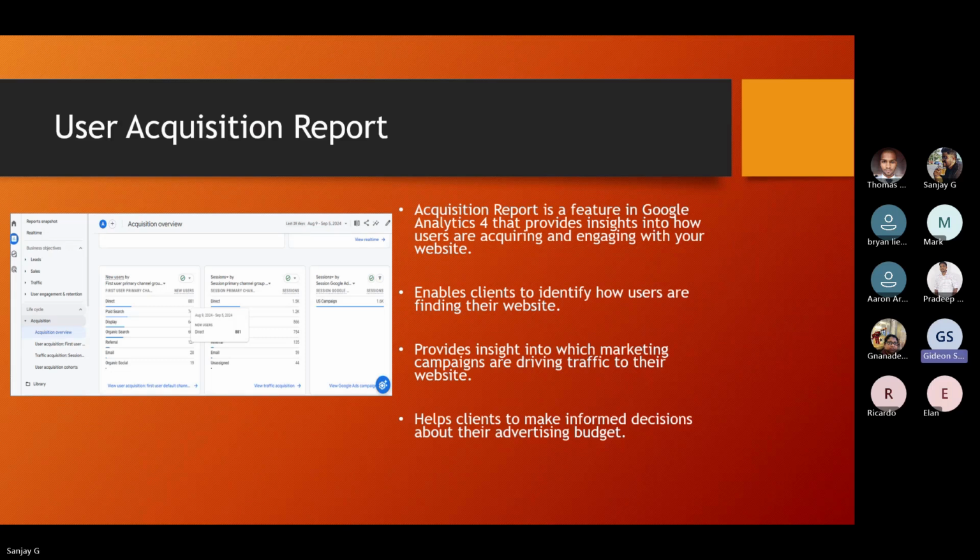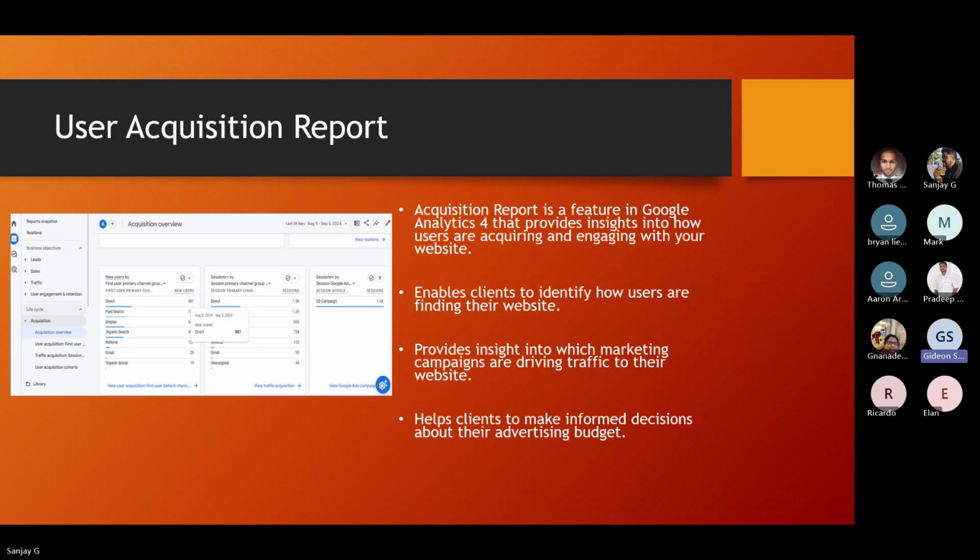All right. So here the reporting section that we are looking at is the user acquisition report. These are the reports that are provided by the Google Analytics G4. With these reports, you can identify what features people are using.